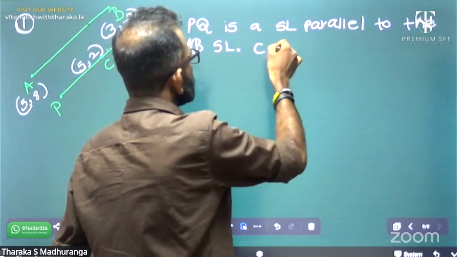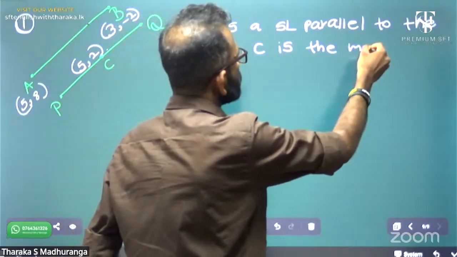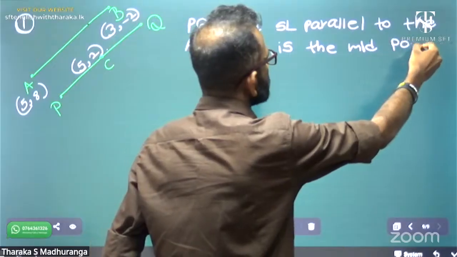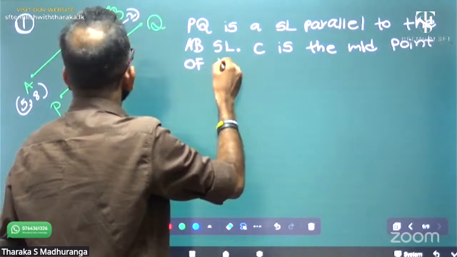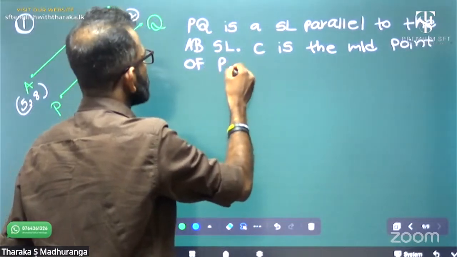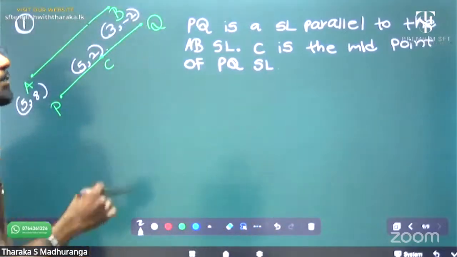C is the midpoint of the PQ straight line. The PQ straight line, the midpoint is the C.